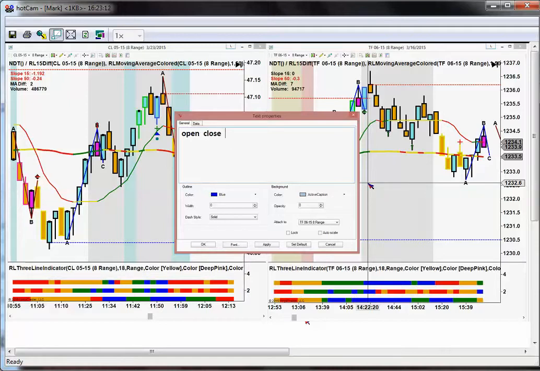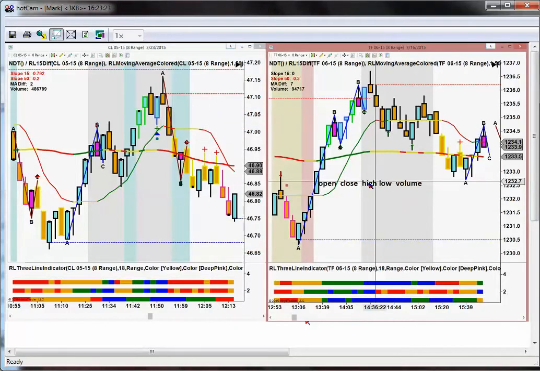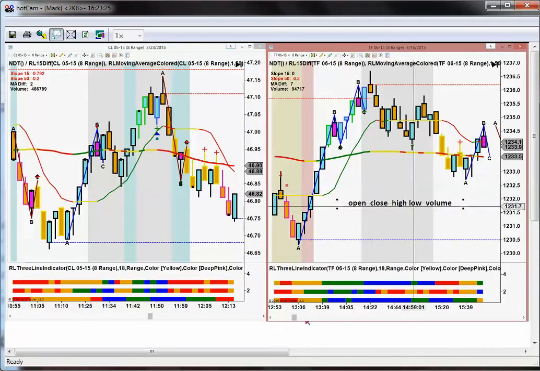And that is the open of any candle or any period, the close, the high, the low, and volume.